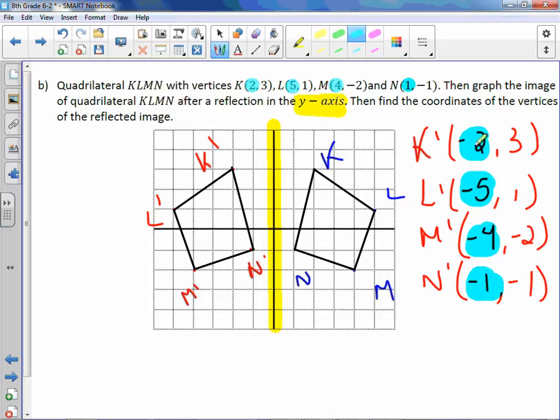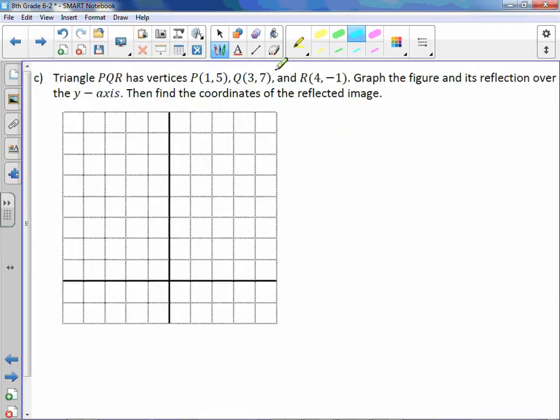So 2 to -2, 5 to -5, 4 to -4, and 1 to -1. Now, if one of these numbers were negative, its reflection, its image, would be positive. Okay? So you negate it. You make it negative if it's positive, or you make it positive if it's negative. You just do the opposite. Fine. Okay?